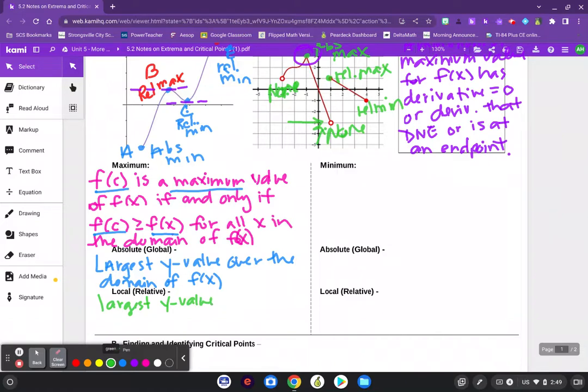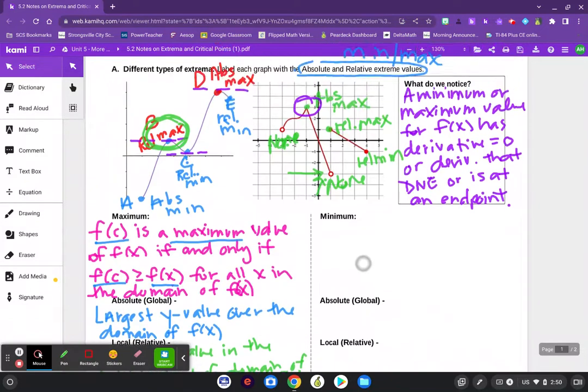We say in the neighborhood of the domain, meaning for that small section. So when I come back up here to a relative max, in this neighborhood, this small area that I'm looking at, that y value is the highest y value.